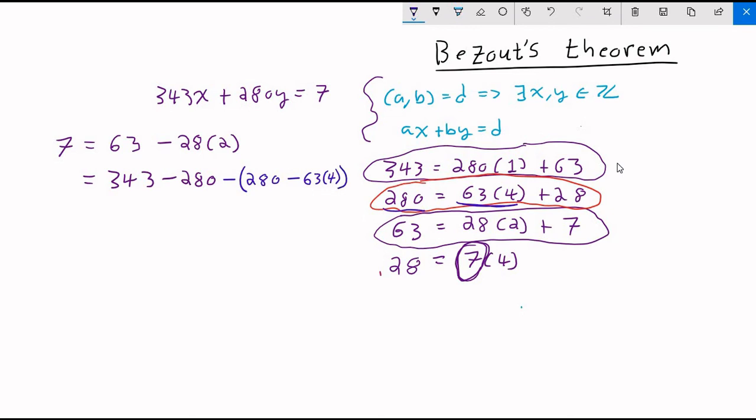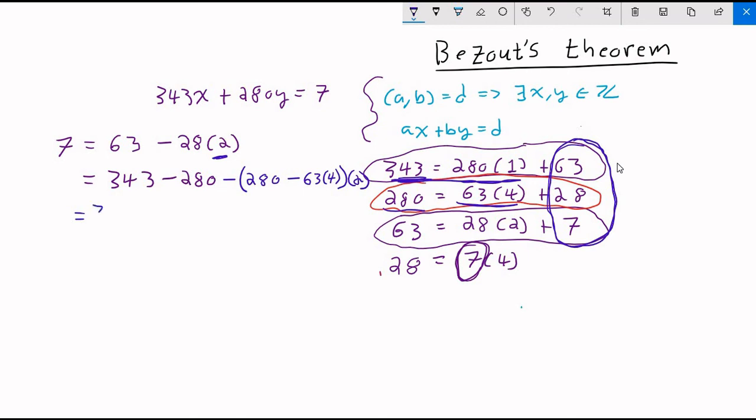And this whole thing is still multiplied by 2. Okay, so we're going to shuffle things around a bit, but remember, we don't want to simplify too much. We don't want to get rid of these numbers that are in our remainder list yet, because we're using these to work our way back up to 343 and 280.